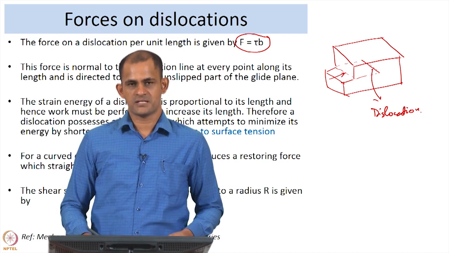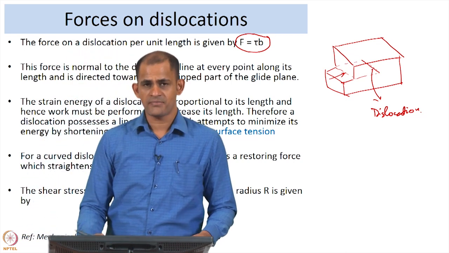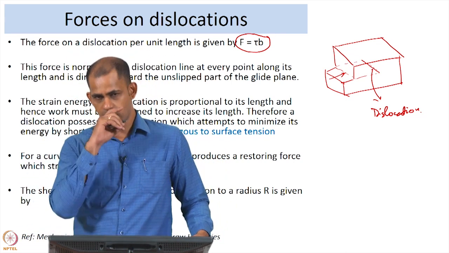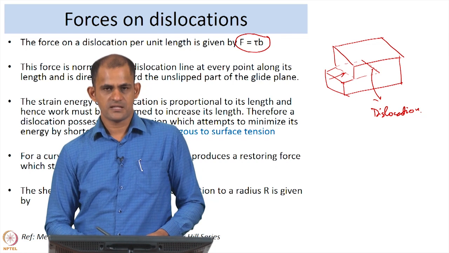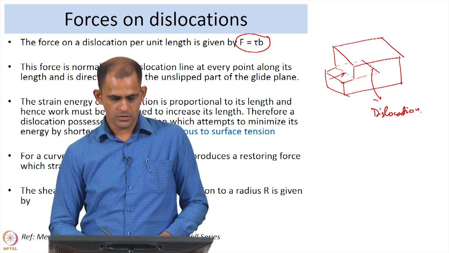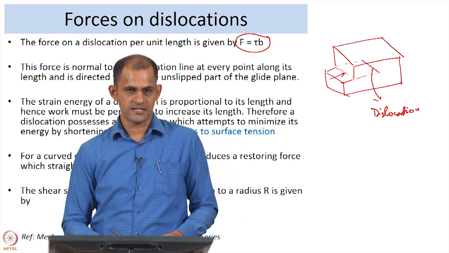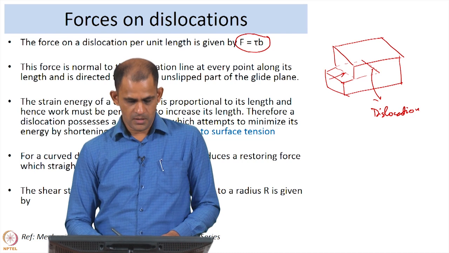In terms of concept, this is very similar to that of surface tension. We know a system always tries to reduce its surface energy, and the reduction of surface energy is brought about by the presence of a surface tension. So, the same concept works here. The dislocation wants to reduce its length and minimize its energy in the process.